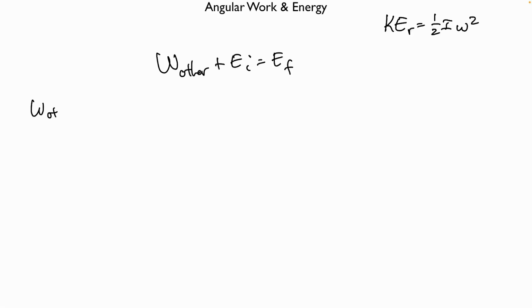So in full, in the biggest we could have, right? We could have work other. Whatever that is, F times D for whatever's going on. Rocket motors, toy helicopters, friction, whatever's going on. Kinetic friction. Plus, for the initial energy, we could have 1/2 mv initial squared. We could have 1/2 I omega naught squared.